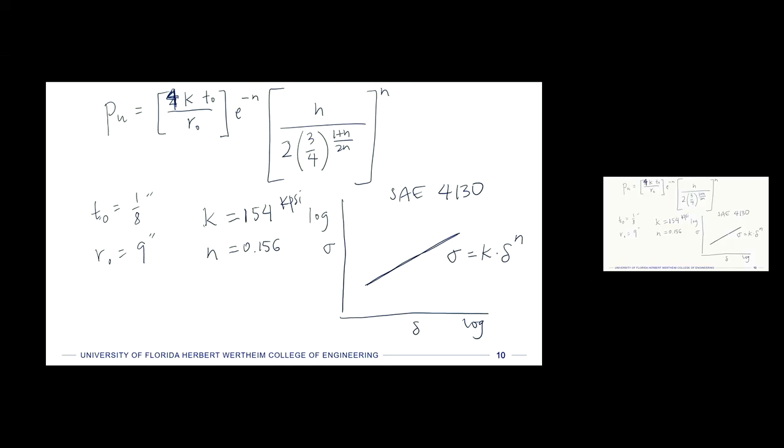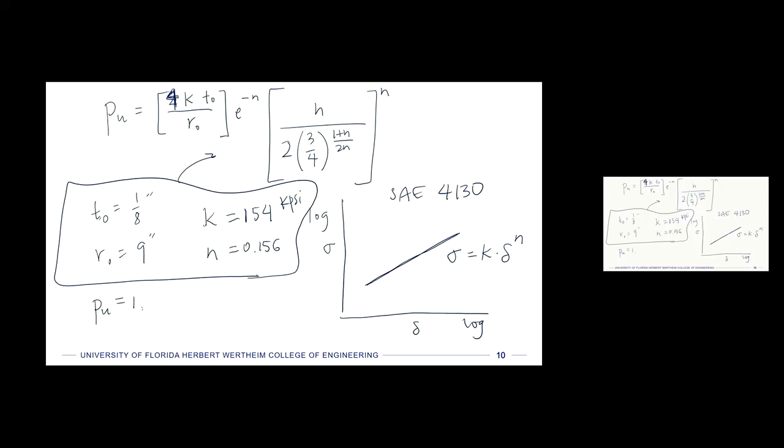So if we put these four constants into that expression for pressure, we come out with a plastic collapse pressure of 1,455 psi, whereas our yield point initially was about 1,427 psi.